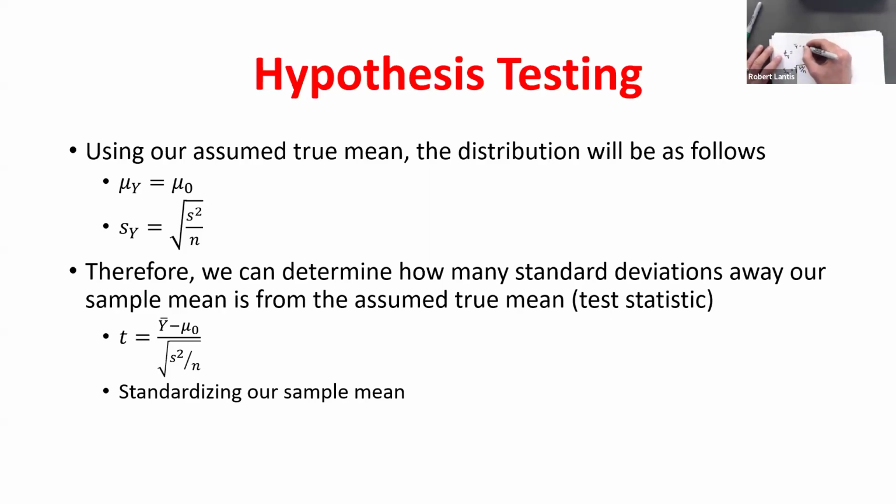Now I know my sample mean should be normally distributed around the true population mean. I don't know the true population mean, but I assumed it was 105, right? So I'll subtract the assumed true mean, and then divide by that standard deviation. How do I calculate the standard deviation? It's right here, so I'm just plugging things in. Here's the equation we'd be using to standardize our sample mean values to get now not a Z value, but a T value.